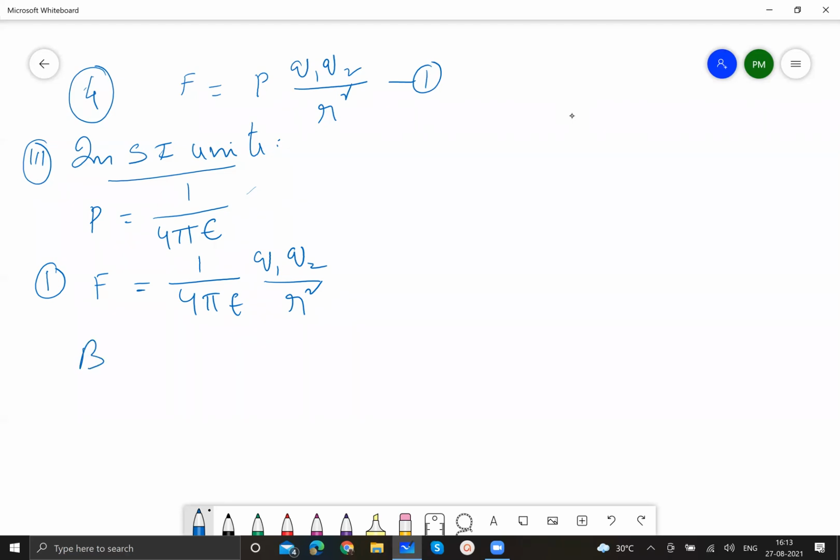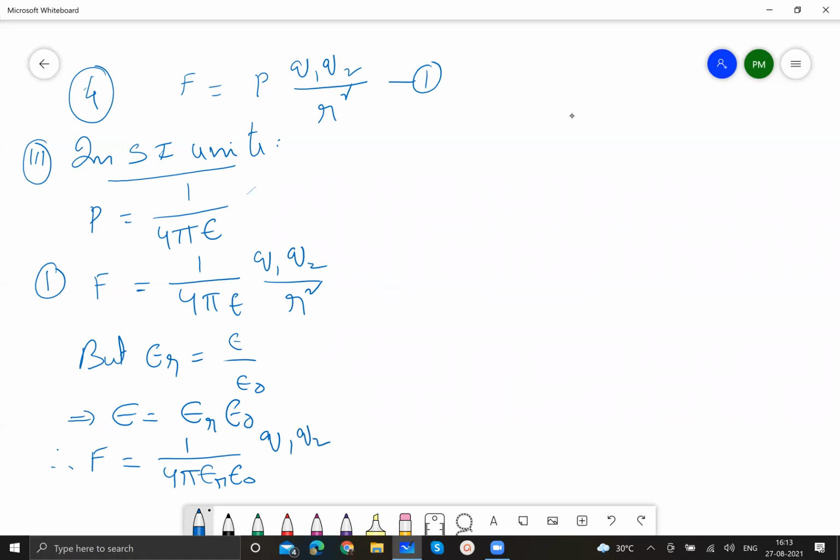But epsilon R is equal to epsilon by epsilon 0. This implies epsilon will be epsilon R or epsilon 0. Therefore, the force becomes 1 by 4 pi epsilon R epsilon 0 into Q1 Q2 by R square.